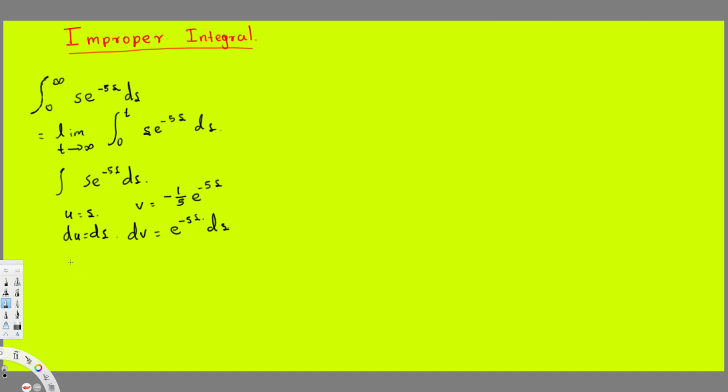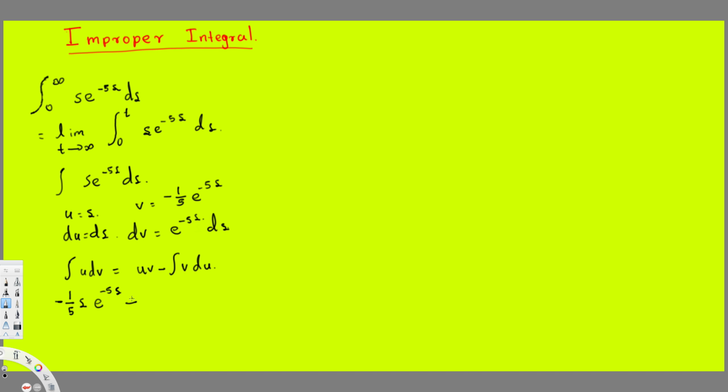Then we use this formula: integral of u dv is equal to uv minus integral of v du. So in this case u is s, so s times minus 1 over 5 e power minus 5 s. I can write this in front, so it's going to be minus 1 over 5 s e power minus 5 s minus integral of v du.